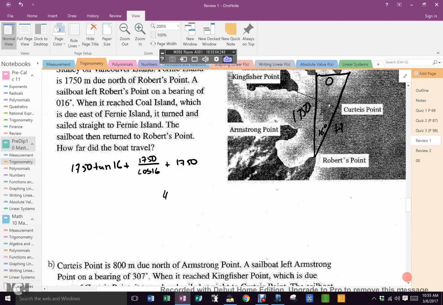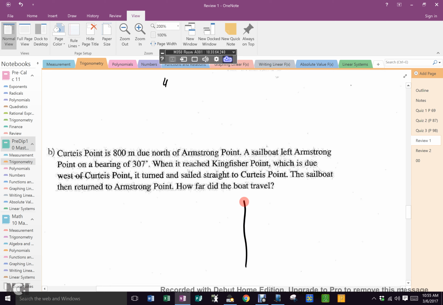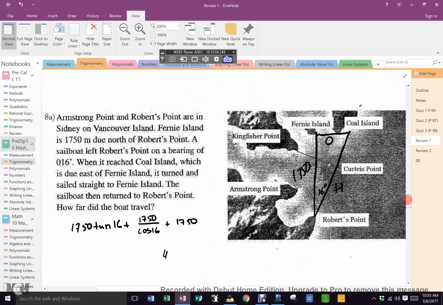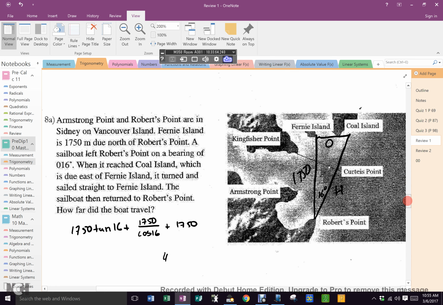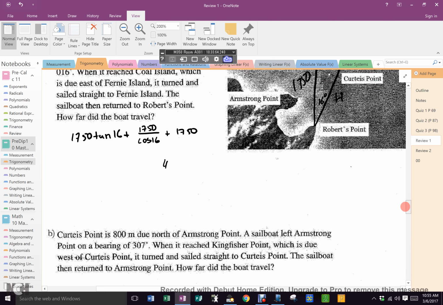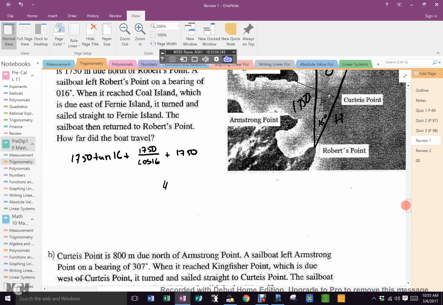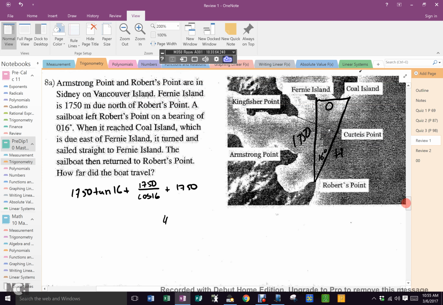Okay. And this one, this is the triangle. 800. Sailboat leaves at 307. So that's 53. Right? I lie. 307 leaves Curtis, leaves Armstrong to Kingfisher.